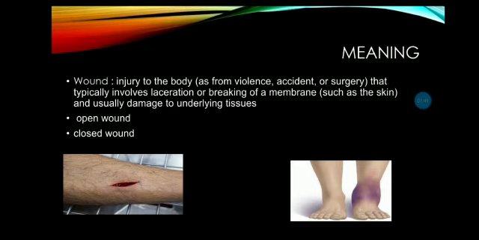There is internal bleeding taking place around that joint, and there is a breakage of cells and tissues around that joint. So you can see in this picture, the ankle picture, that is a closed wound injury.